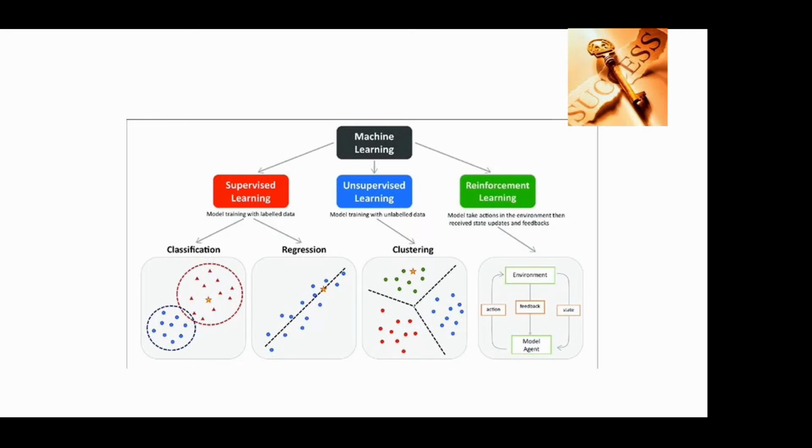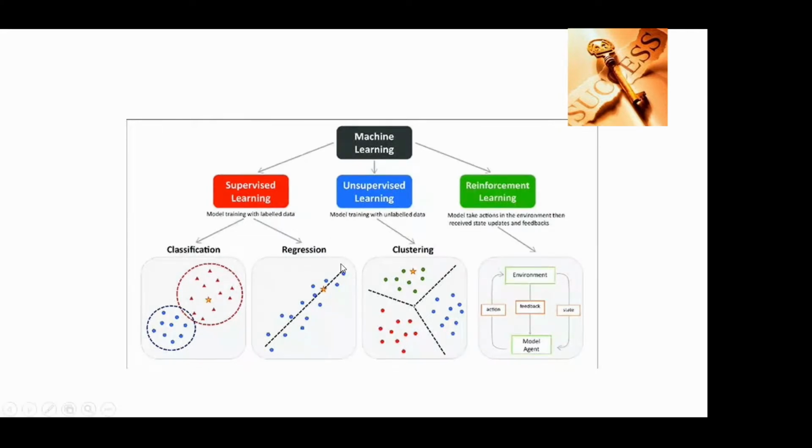The range of a discrete variable is 0 to 1, while regression analysis gives continuous values. Under supervised learning, this is classification, where you can see two circles, one red and one blue. Using the supervised learning approach, it will be able to classify which type of data belongs to which class.